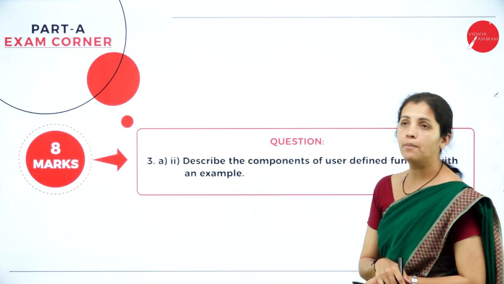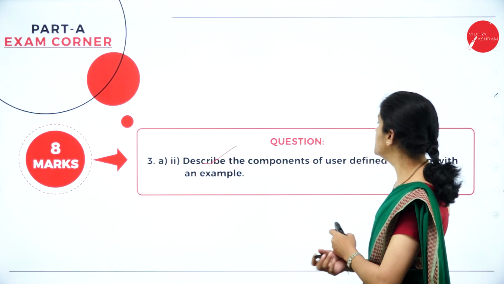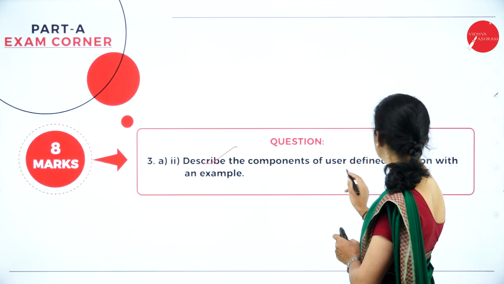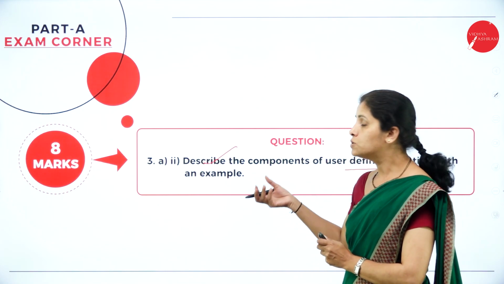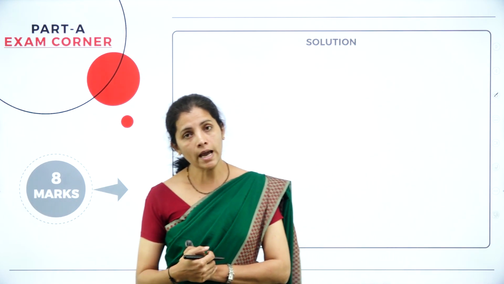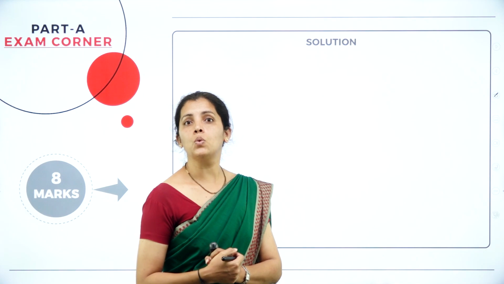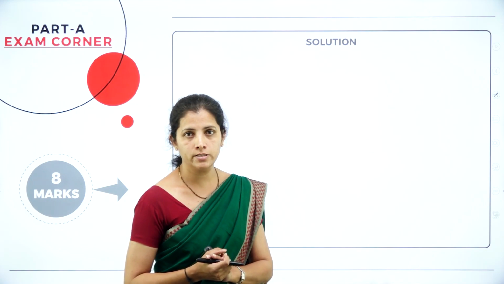Now dear student, I'm going to have another question, that is, describe the components of user defined function with an example. So, what is a user-defined function? User can create their own function and it is called a user-defined function.